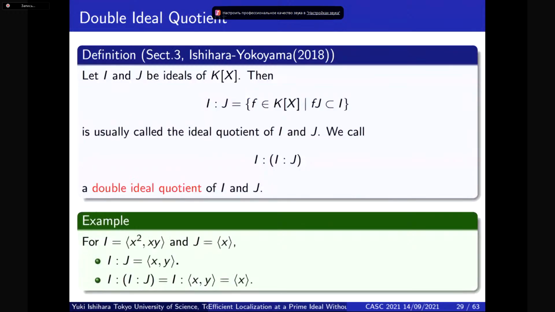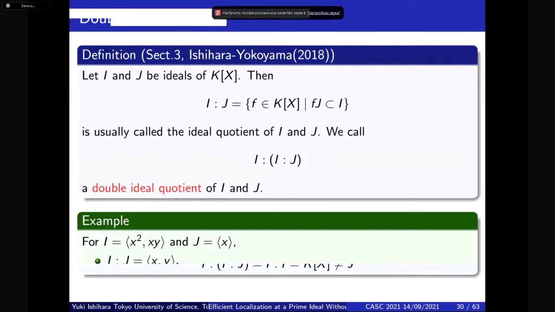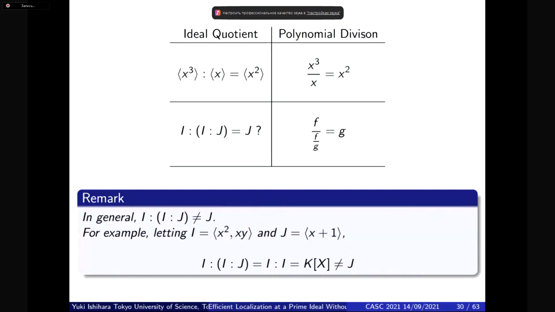My algorithm uses the double ideal quotient. So I explain it. This is an ideal quotient, and I call this ideal the double ideal quotient of I and J. The double ideal quotient is similar to polynomial division, but there are some differences between them.